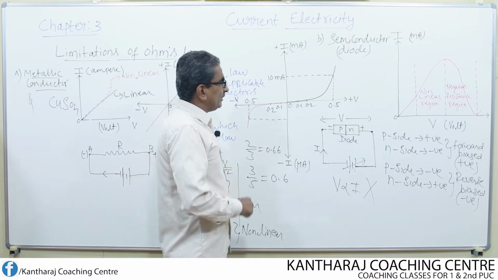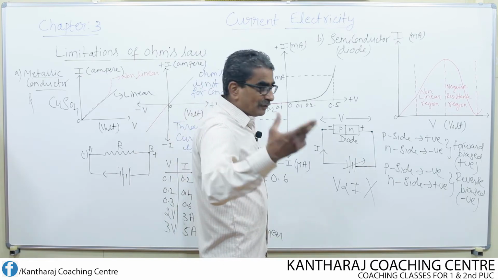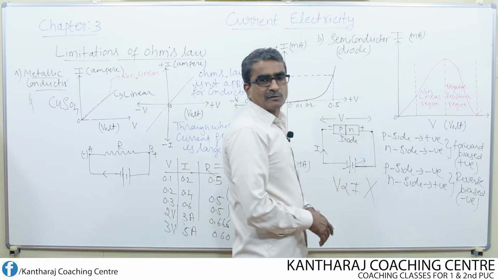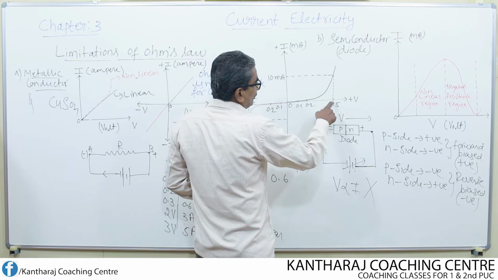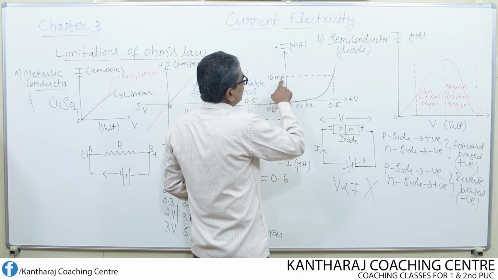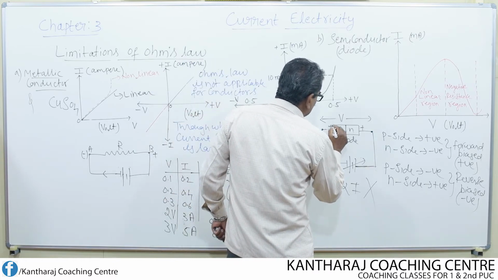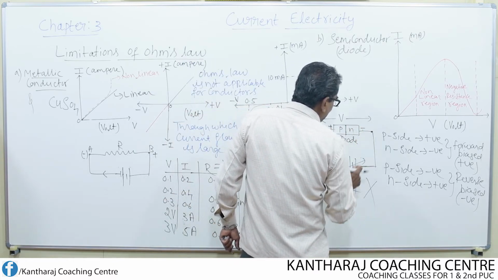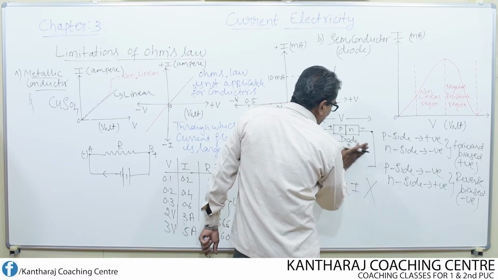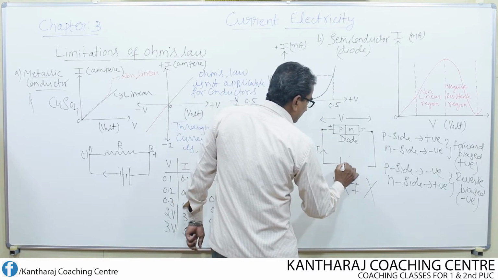And one more point we have to understand. During forward bias, for 0.5 volt, what is the current? 10 milliamp. That means if I connect this one to positive and this one to negative, it is said to be forward biased.